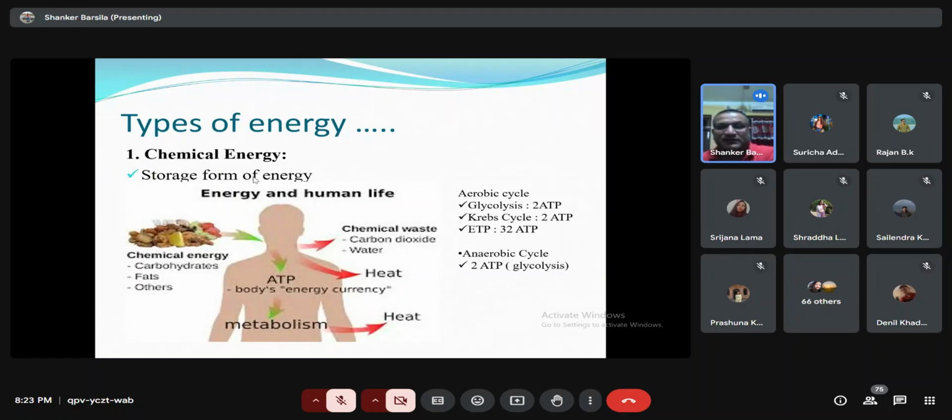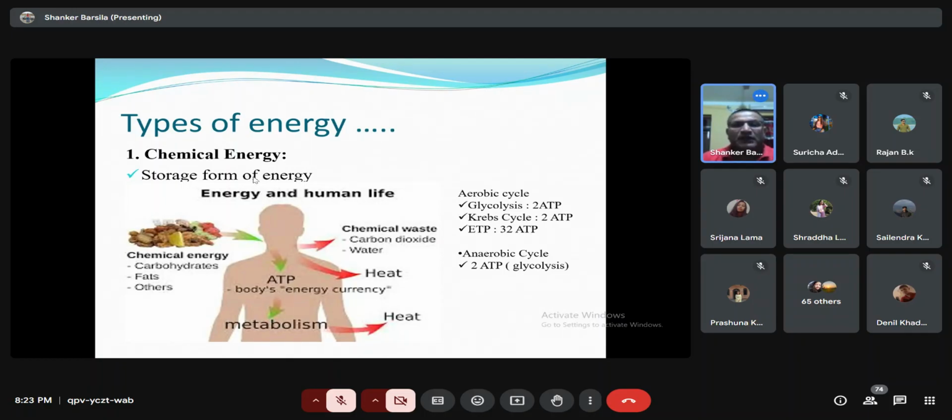In that time, the extra energy is released in your muscles through the anaerobic cycle. Then you know the byproducts released in aerobic and anaerobic cycle. The lactate is released, and if the lactate is concentrated in the muscle, then body muscle pain starts. Okay, so this is the way chemical energy is transformed to others.